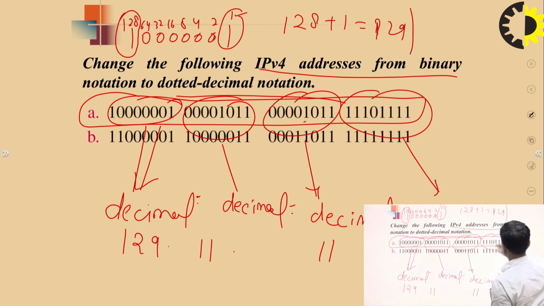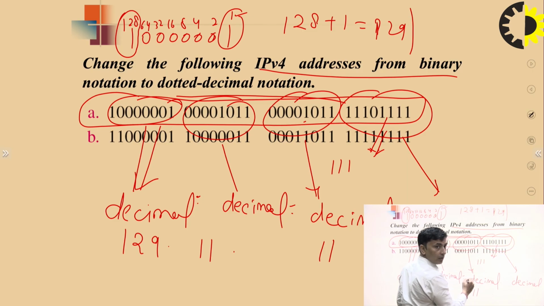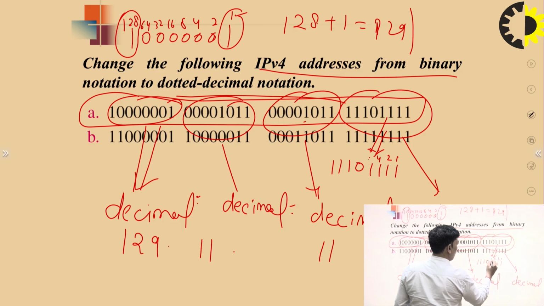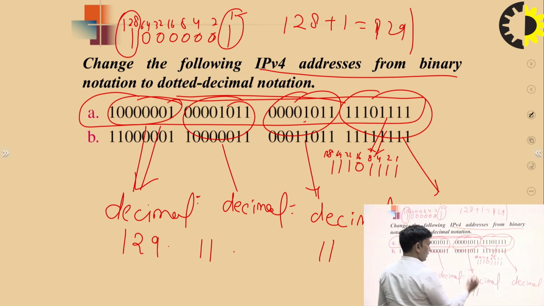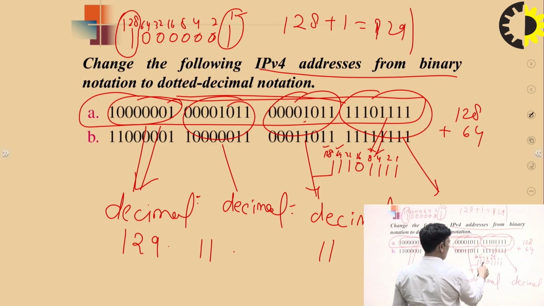Just write this value here and try to convert it into decimal. Three 1s, then 0, then 1 1 1 1. Let us assign the weights in decimal: 1, 2, 4, 8, 16, 32, 64, 128. So 128 is present, plus 64, this is also present, 1 means present.